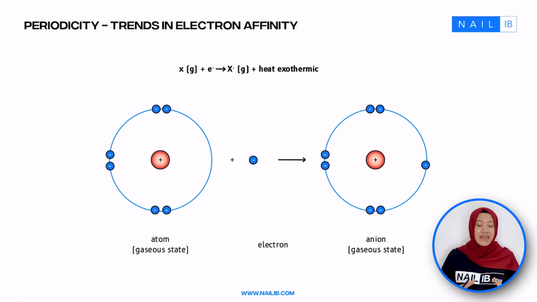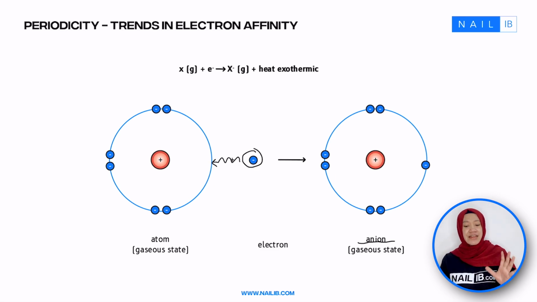Electron affinity is the amount of energy released when an electron is attracted to a gaseous atom. Okay, so it becomes an ion and it has a unit, kilojoules per mole. So this is for electron affinity, the amount of energy that is released.